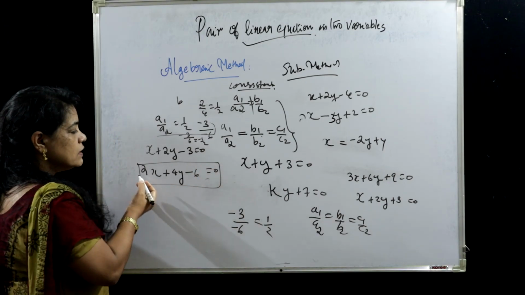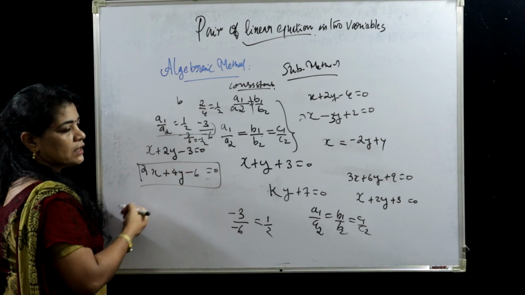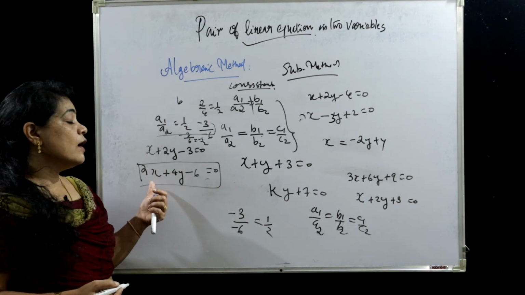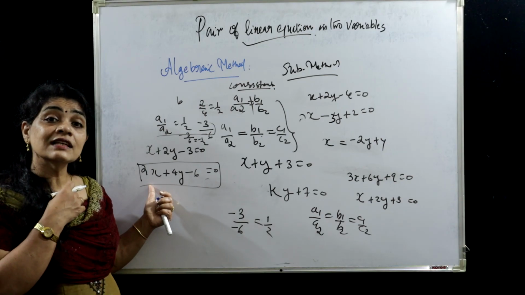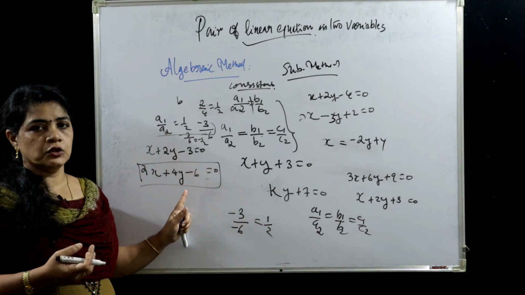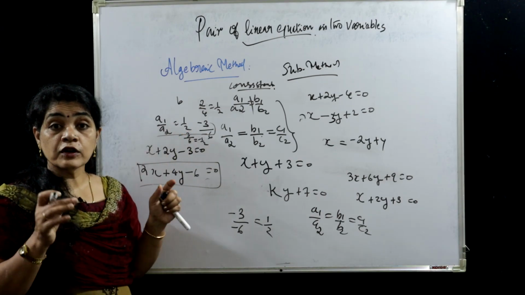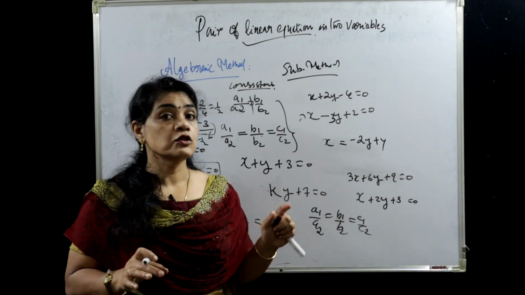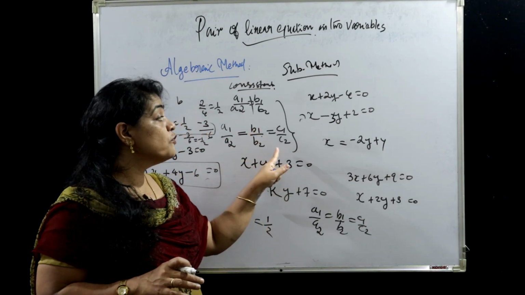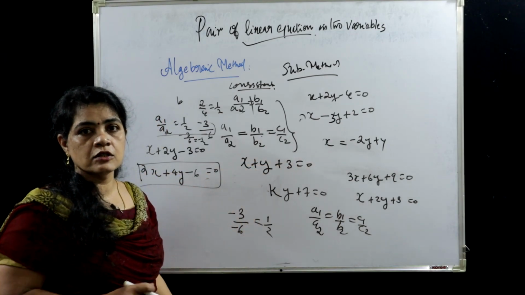And you can start with 3, it doesn't matter. If you multiply with 3 here, here also 3. If you have the coefficient of x starting with 2, you have to multiply the other terms also with 2. Then only this condition will be satisfied. So for a dependent solution, we have to follow this infinitely many solutions condition.